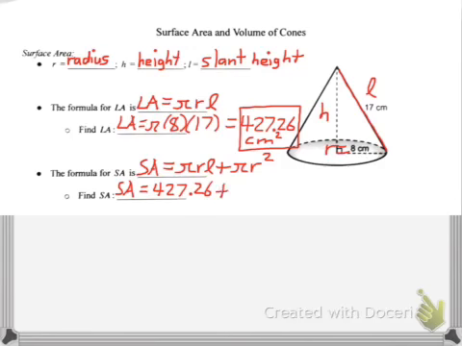And we'll add pi times r, our radius was 8, so we'll plug that in right there, squared. When we plug all that in our calculator, just as it looks, you'll get 628.32 centimeters squared.